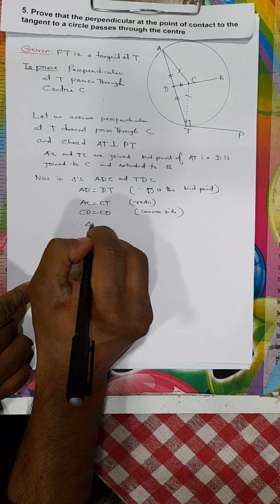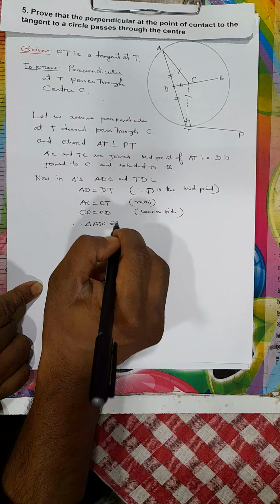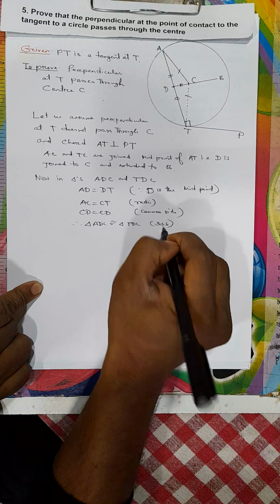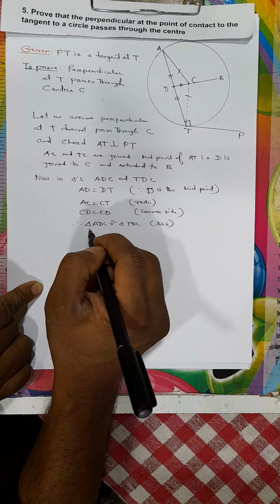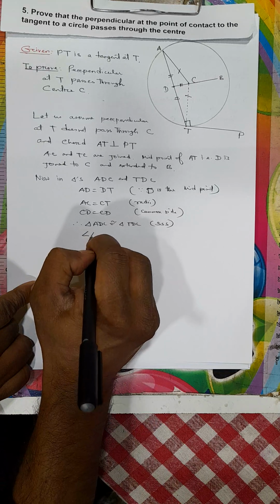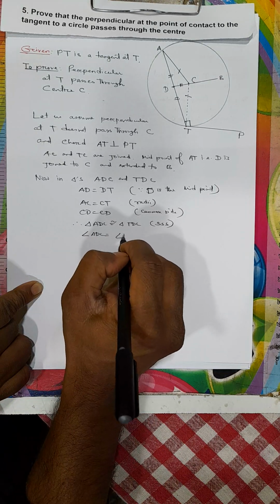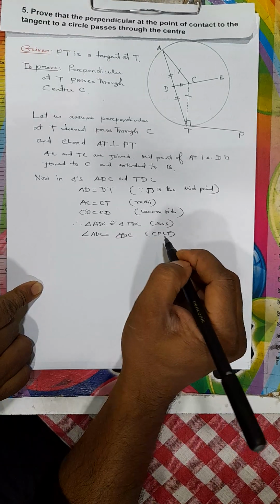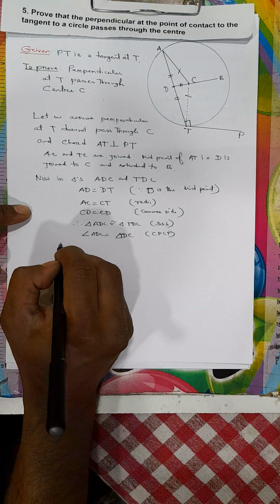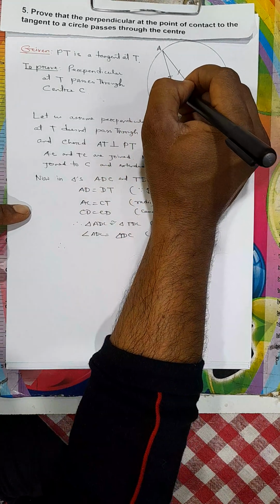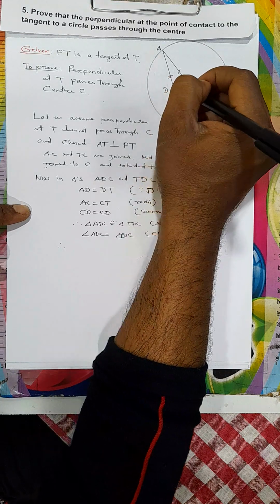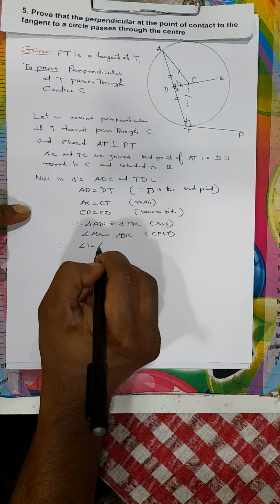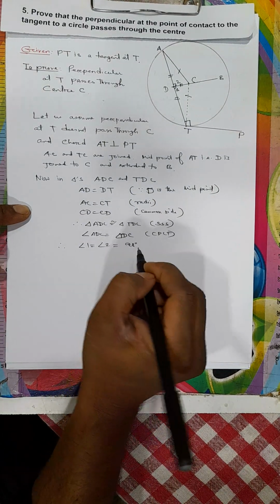So triangle ADC is congruent to triangle TDC by SSS congruence criteria, right? So you find that angle ADC equal to angle TDC, CPCT. Corresponding parts of congruent triangles are equal. Therefore, these two angles are right angles, right? Suppose this is angle 1, this is angle 2, angle 1 equal to angle 2 equal to 90 degrees.